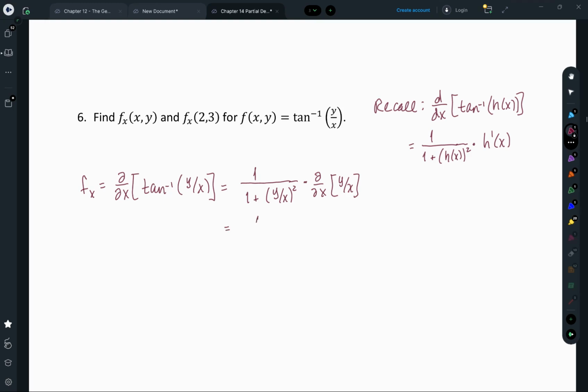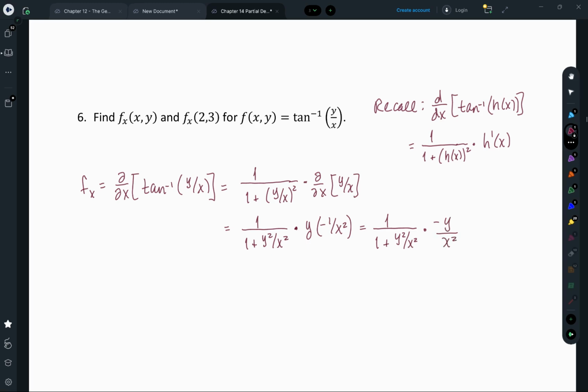So this is going to equal 1 over 1 plus y squared over x squared. The derivative of y over x is going to be y times negative 1 over x squared. Okay, and that's actually technically a fraction. It's negative y over x squared. So when I rewrite this, I'll write it as 1 over 1 plus y squared over x squared times negative y over x squared.